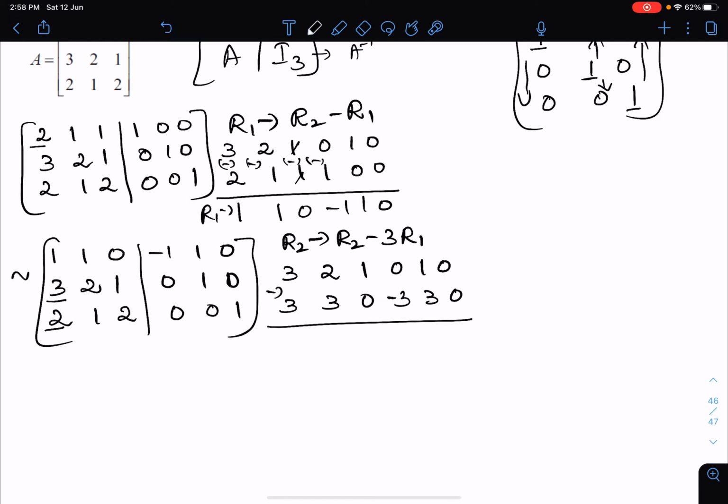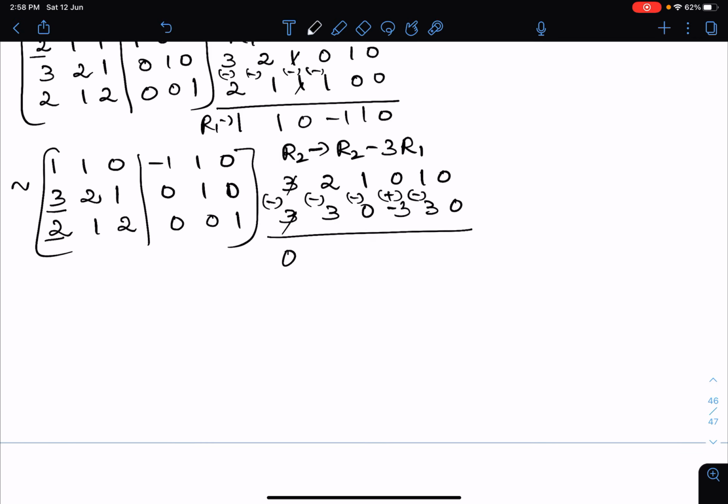Now changing the sign, because we have to subtract, this is going to get cancelled. 0, and 2 minus 3 is minus 1, 1, 3, minus 2 and 0. This is going to be our R2.